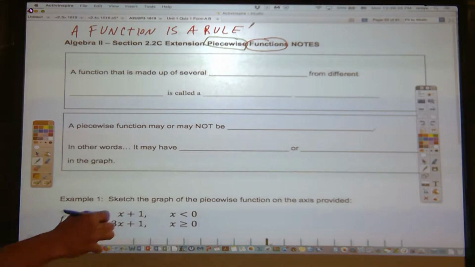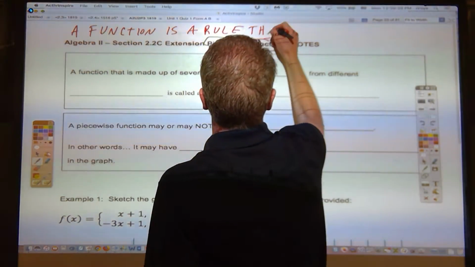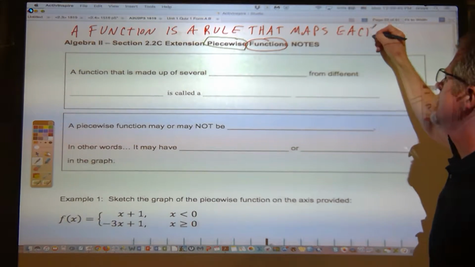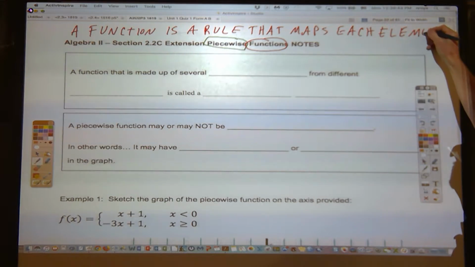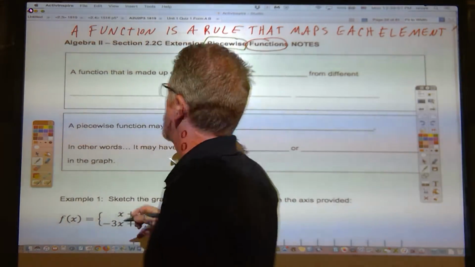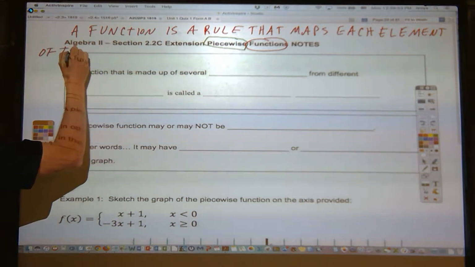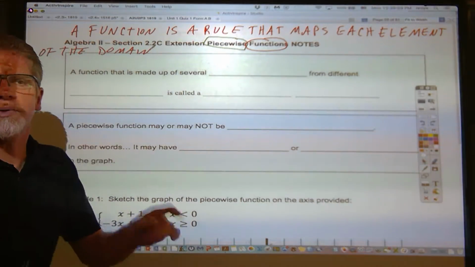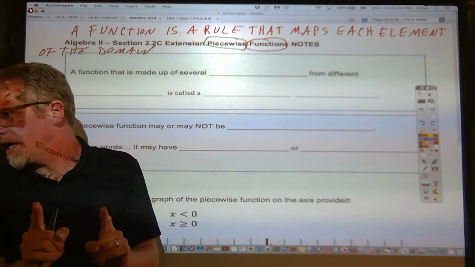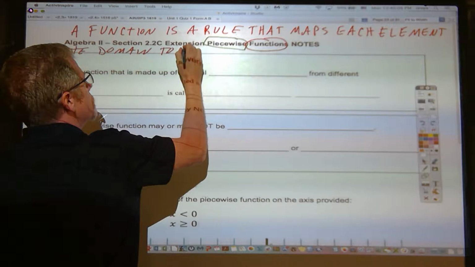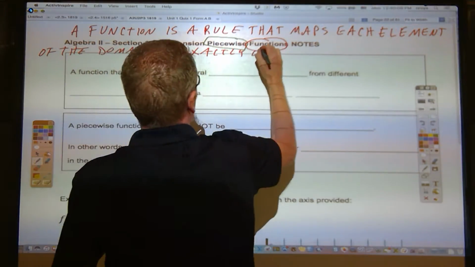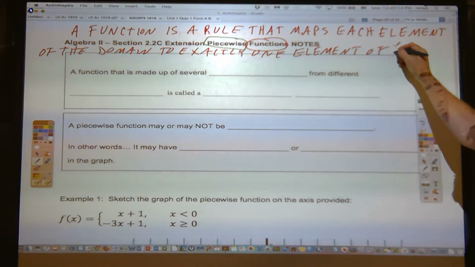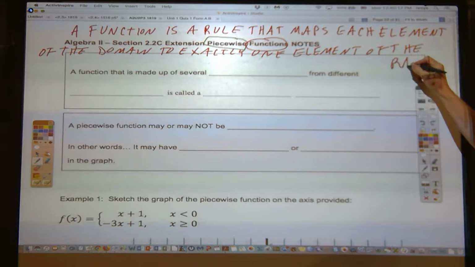So it's a rule that maps each element of the domain to exactly one element of the range.